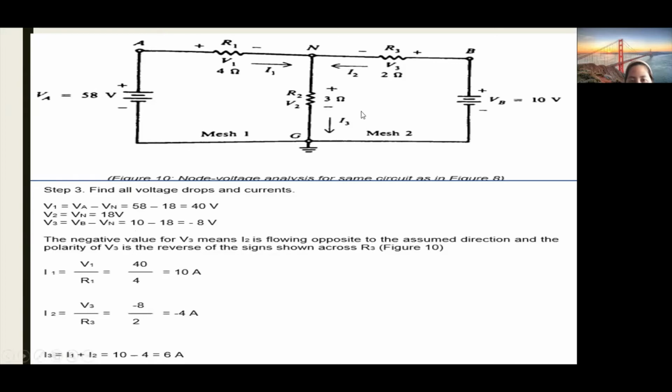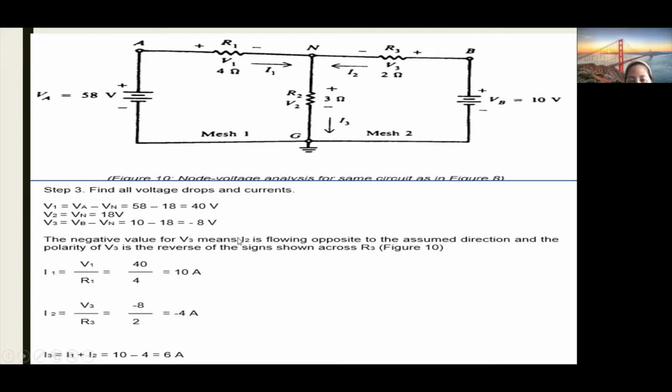V3 is VB minus VN, so 10 minus 18 is negative 8 volts.